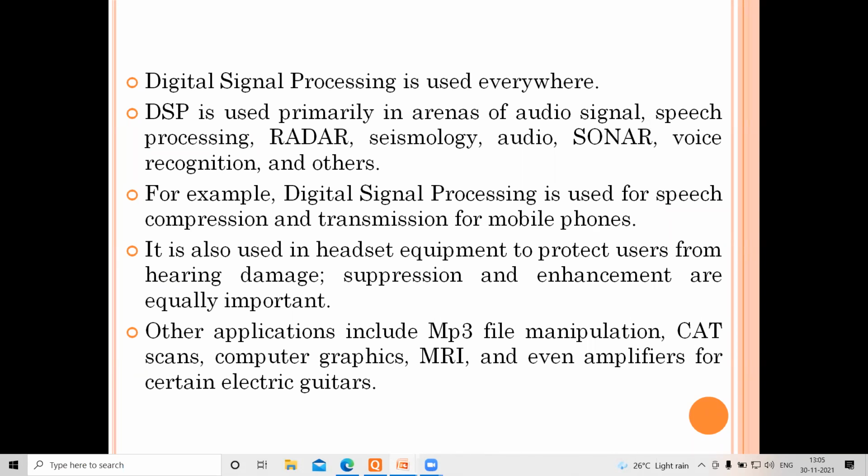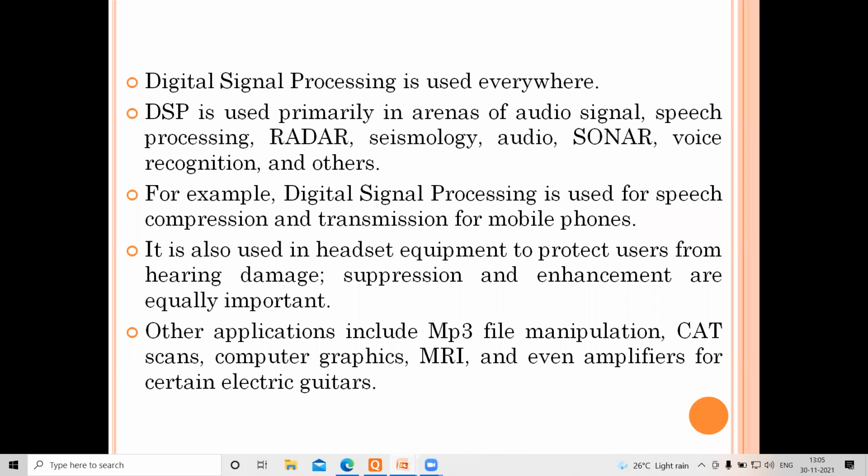It's being used in headsets to protect users' hearing from damage. Normally, you're probably using your earpiece or headphones. If current passes through these headphones, probably your ears will get damaged.